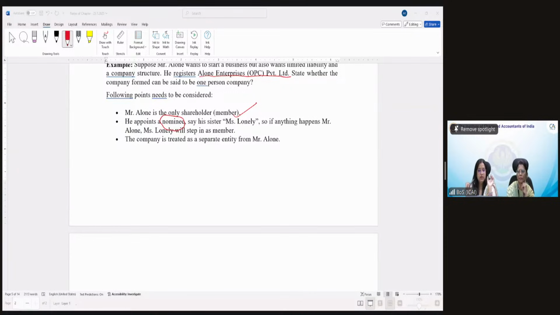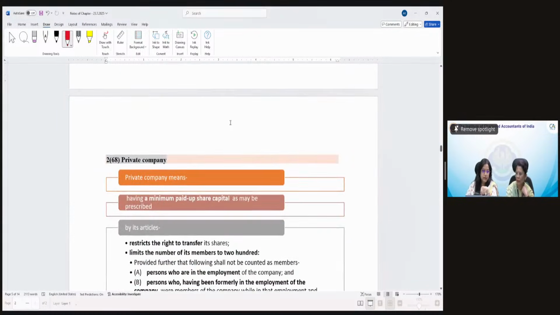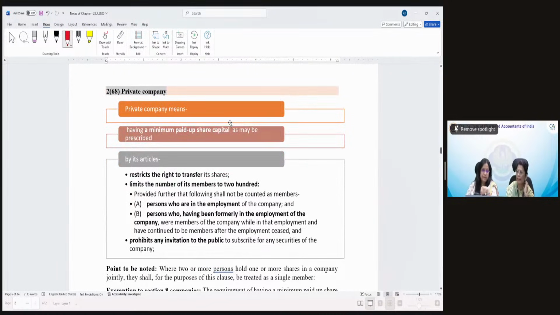While they are drafting the documents of this OPC, at that time only the nominee will be mentioned, and obviously they can change it. There are many more provisions related to OPC, and you will be reading them in chapter 2. Yes, you can write the definitions in your own way, the way we have told you in the first class also. So the next is the private company.